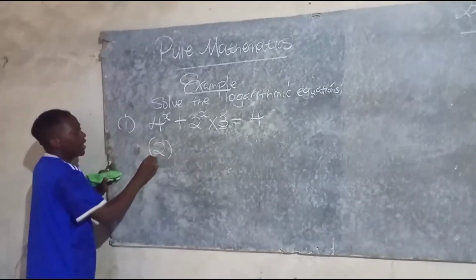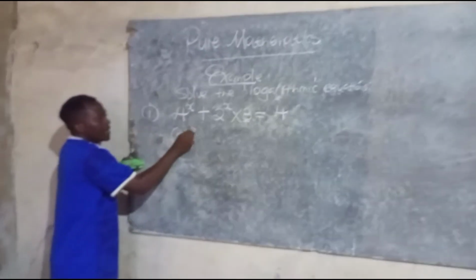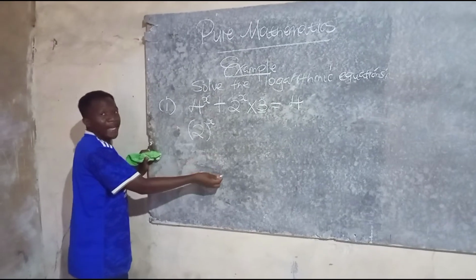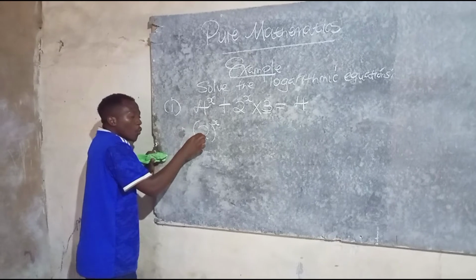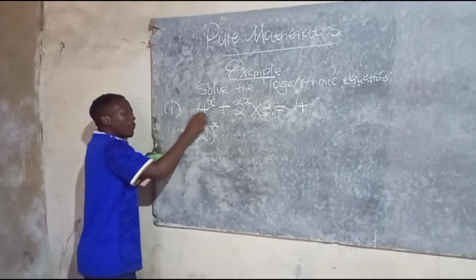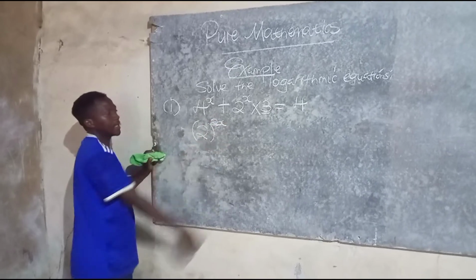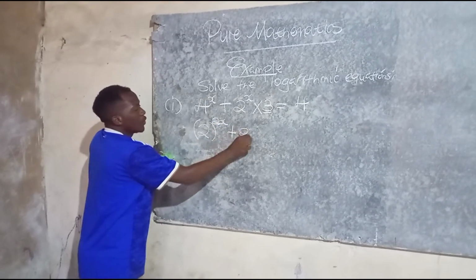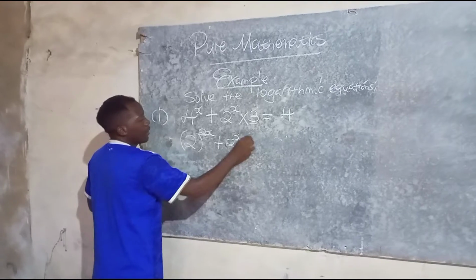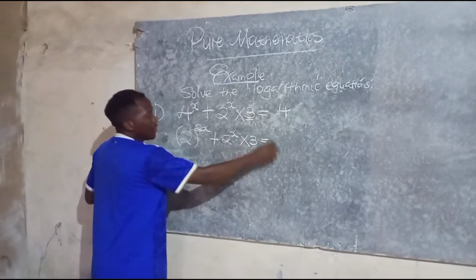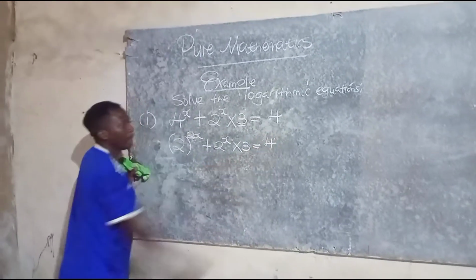Then we are going to say when this represents 2, it's supposed to be with power x. But remember, this 2 is being multiplied twice. So before putting power x, we can say power 2, then combined with the x. Then plus 2 power x, then times 3, which is equal to 4.